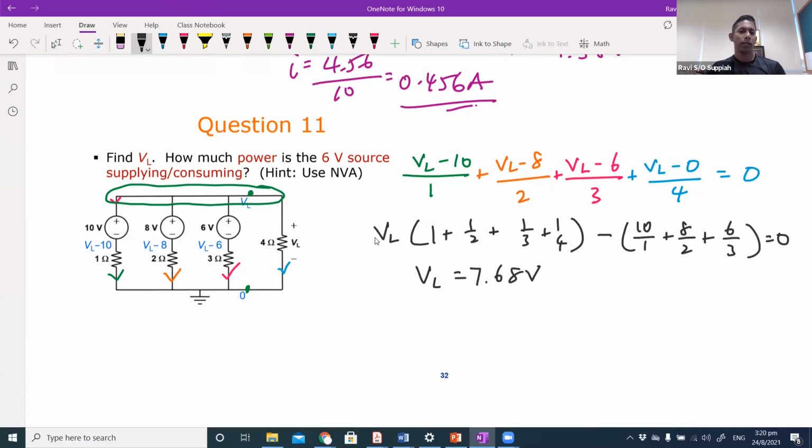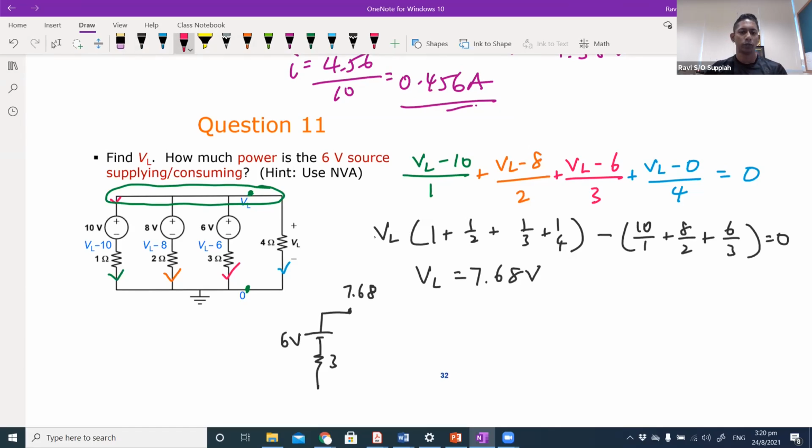When you get VL equals 7.68 volts, what can you deduce over here? If I just look at this branch over here, VL is 7.68, and I have a supply here of 6 volts and this is the 3 ohm resistor. We already know the concept that current always flows from the higher potential to the lower potential.